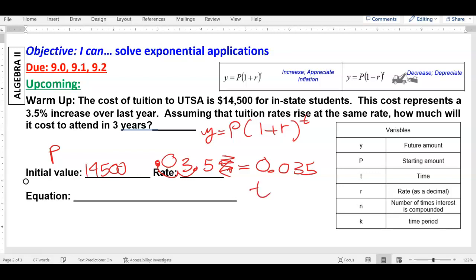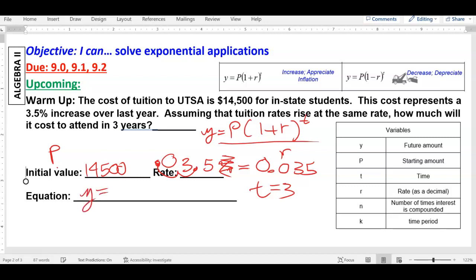What's the T in this situation? How many years? 3 years, yes? So let's go ahead and plug P, R, and T into this equation.